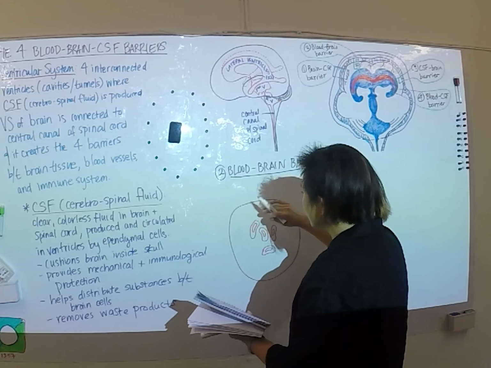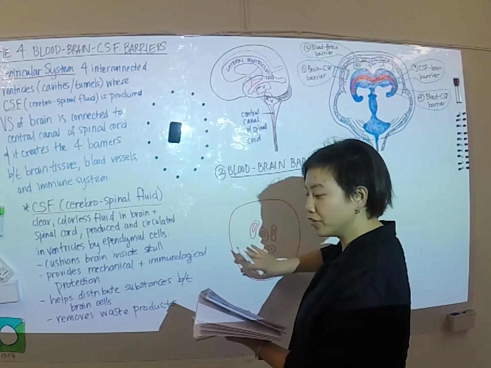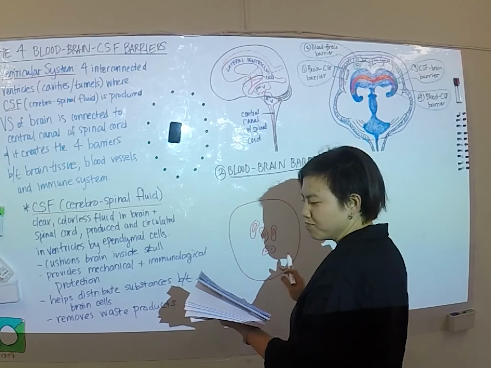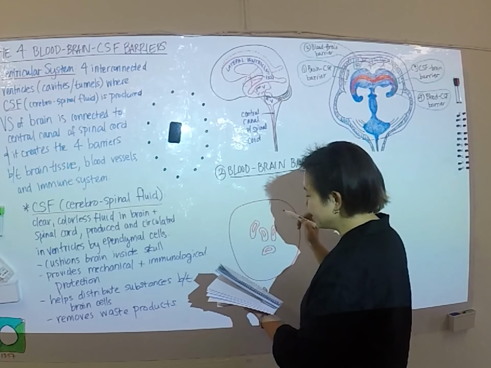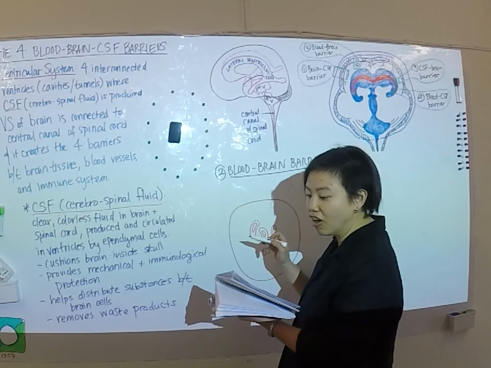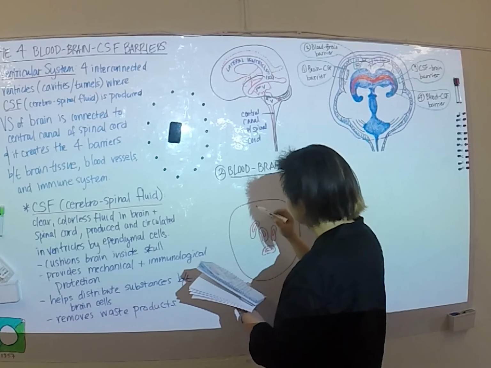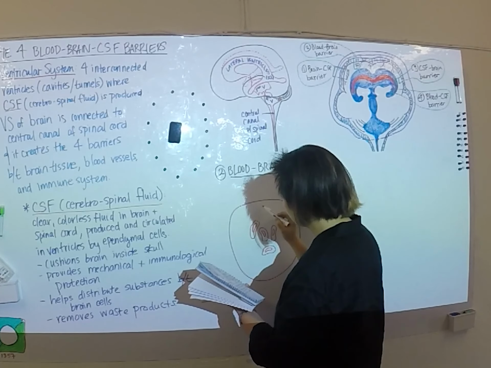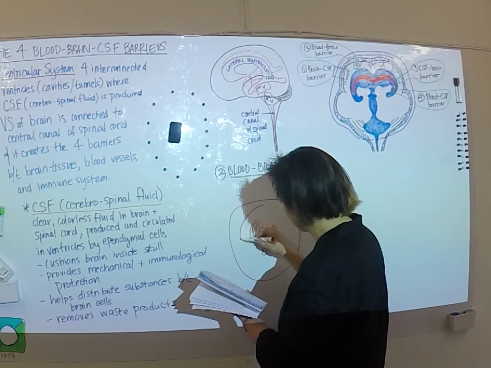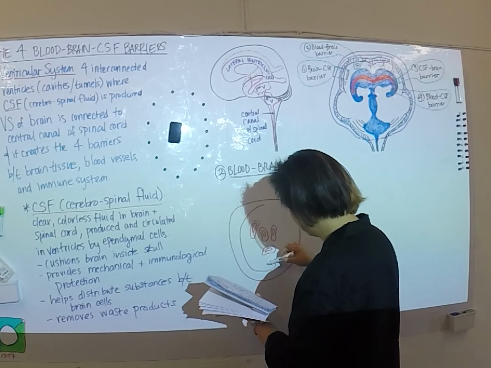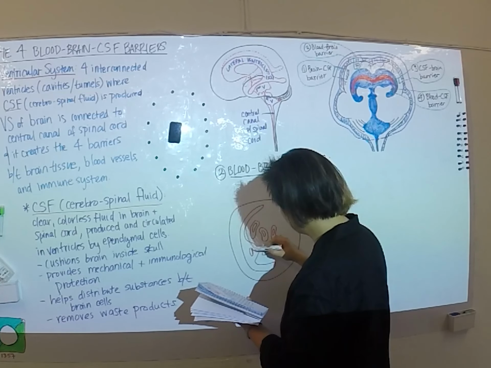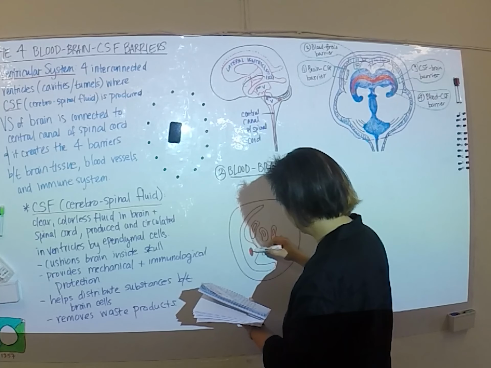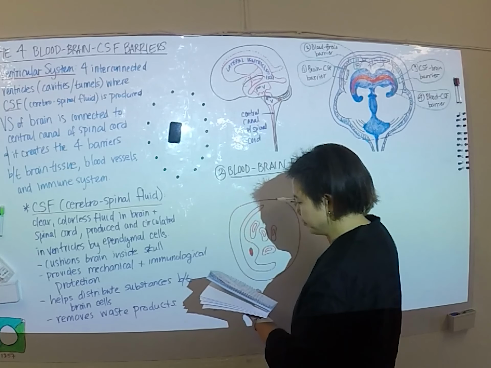Okay. The walls of the capillary are lined with a type of cell called endothelial cells. Okay, so they look a bit like this.